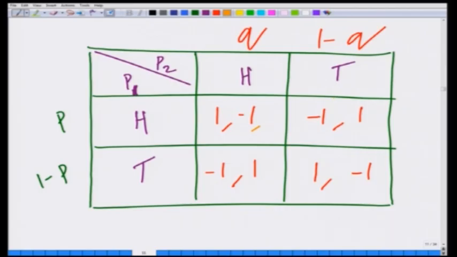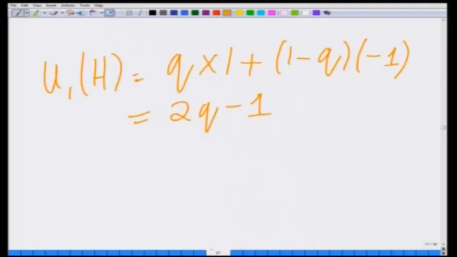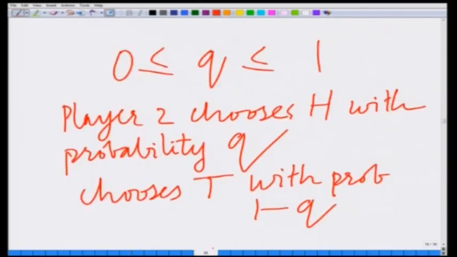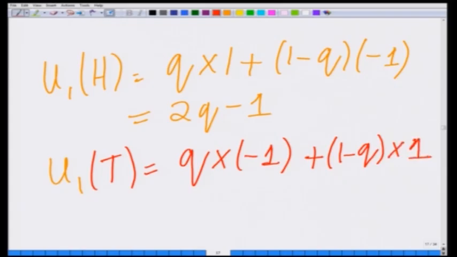Therefore, his average payoff if he is always choosing tails is q times minus 1 plus 1 minus q times 1. With probability q, he finds player 2 playing heads, in which case he loses 1 rupee.